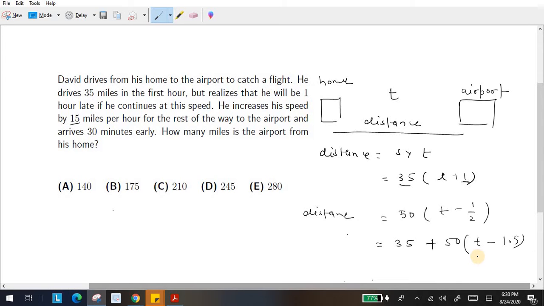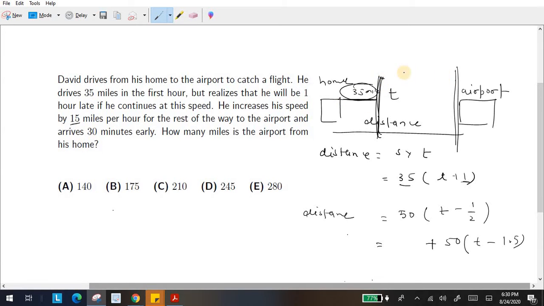See, just pay your full attention. Let's suppose we forget about the 1 hour, because in both the cases he is moving 35 miles, right? Okay, that makes sense. In both the cases he's moving 35 miles.